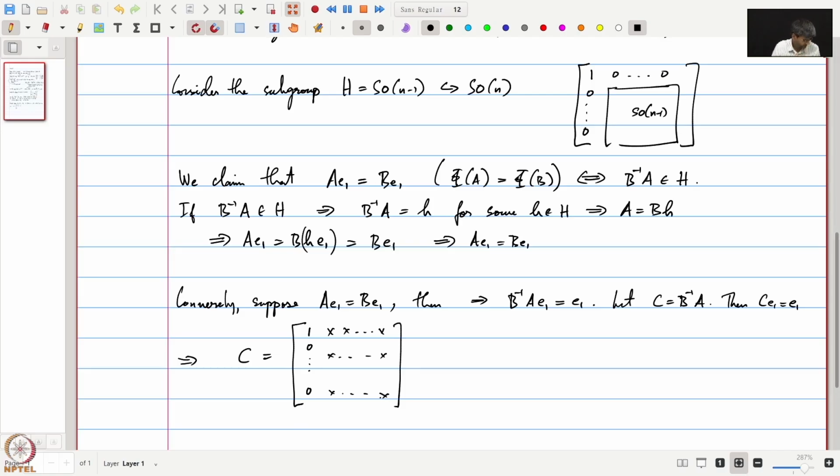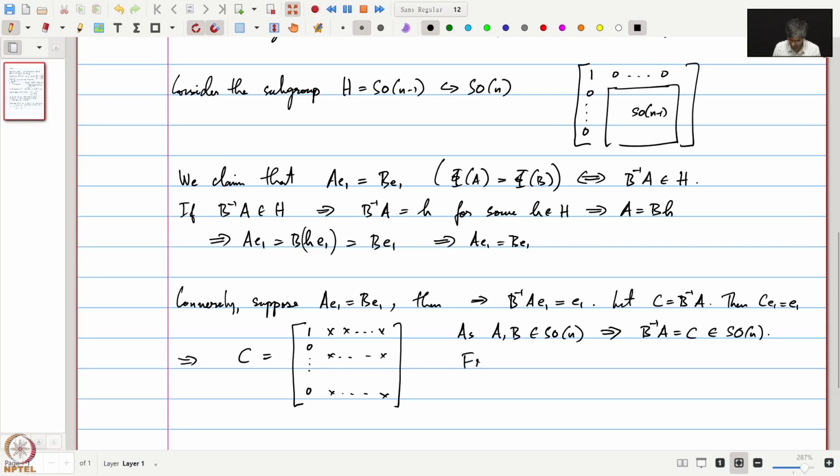Right. Now as A and B are in SO(n), this implies B inverse A, which equals C, is also in SO(n), right?